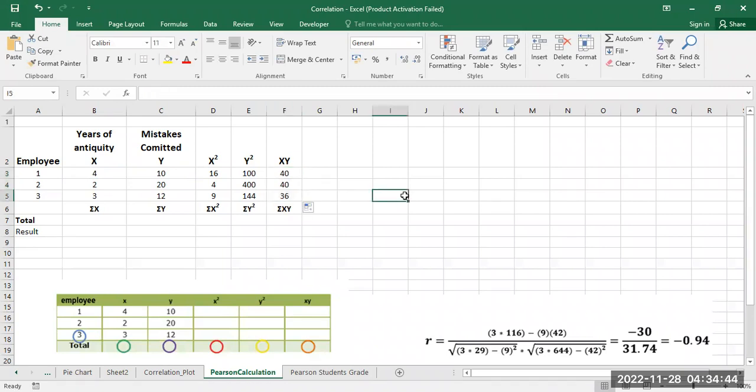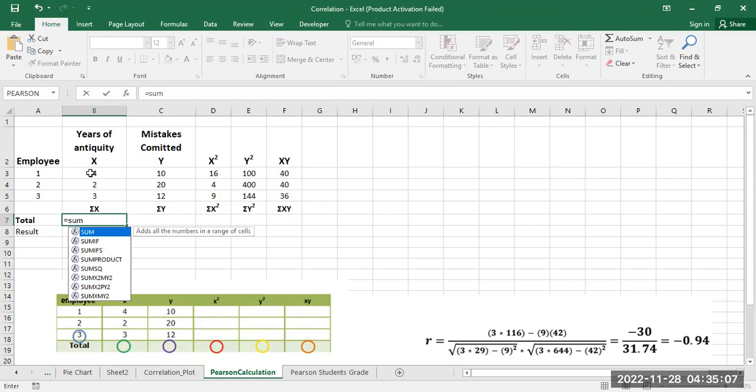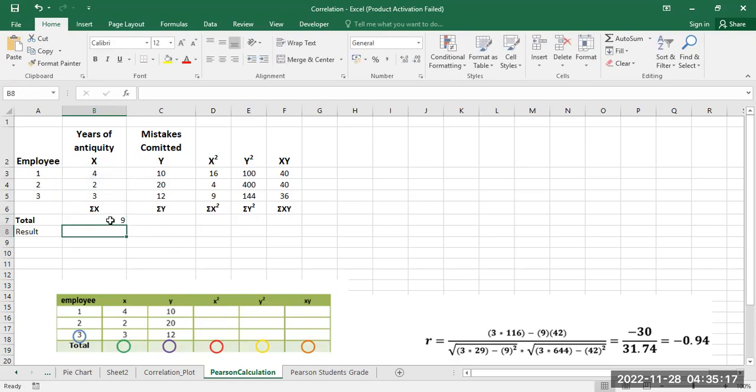Now the next thing we need to do is find all the sums, because from the formula we also need to know the sum of X. And here the sum of X is going to be equal to SUM, and then I select all the data whose sum I want to calculate, and I press my enter key.